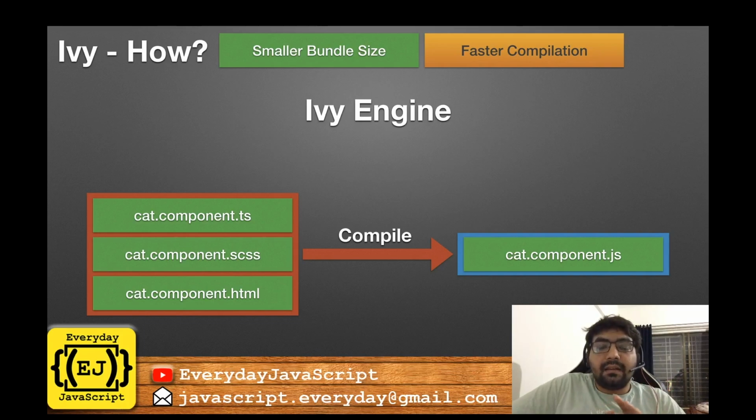Ivy under the hood has more direct API functions than what View Engine used to have. Remember, View Engine used to have lots and lots of switch cases, but now Ivy has direct API functions to create the element and to insert the template bindings or the string interpolations that you used to have.